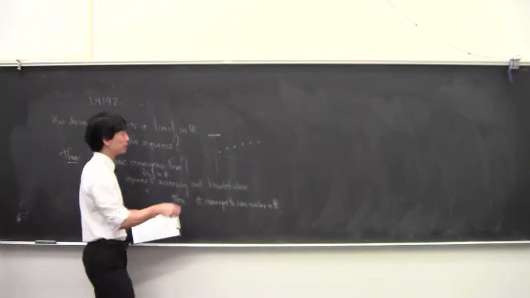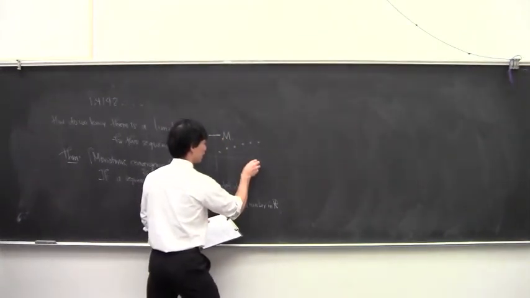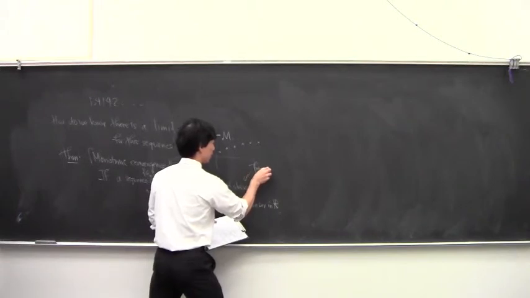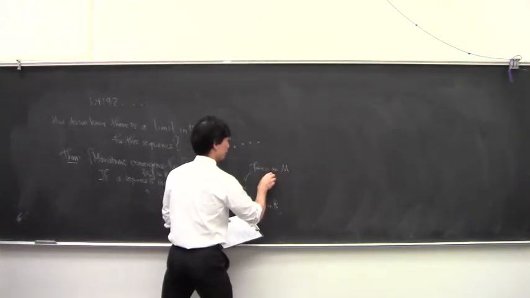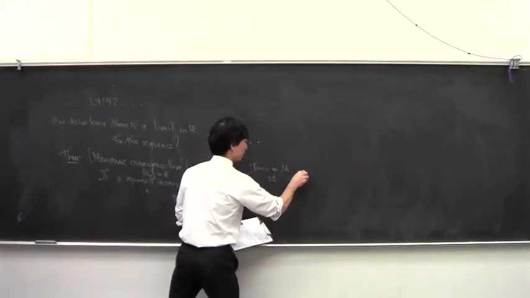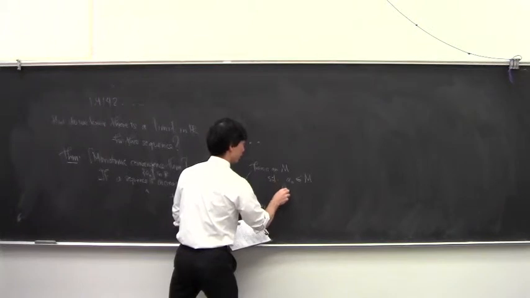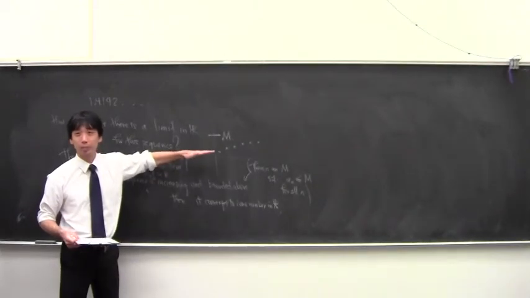So there's a number m such that a sub n is smaller than or equal to m for all n. So there's some number that's bigger than all values.